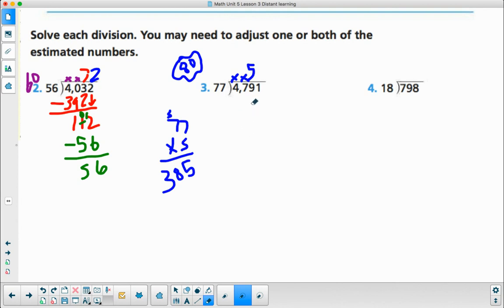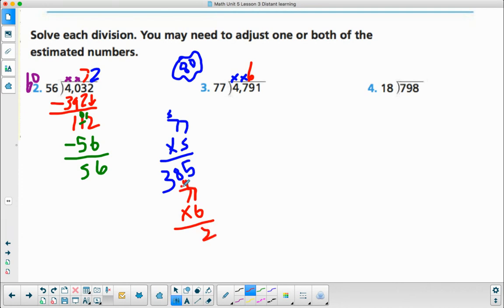And if I underestimate, I have to adjust up. So my 5 needs to become a 6. So as I adjust it to a 6, 77 multiplied by 6 is 42.